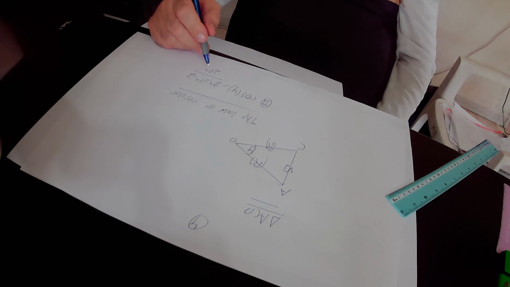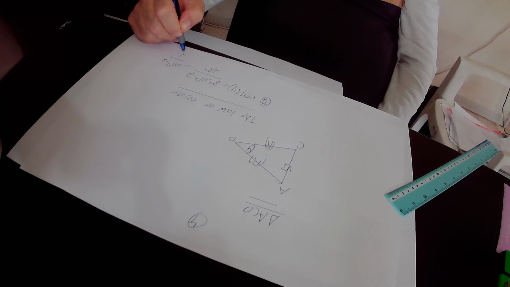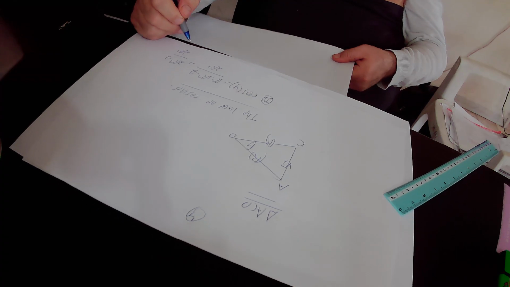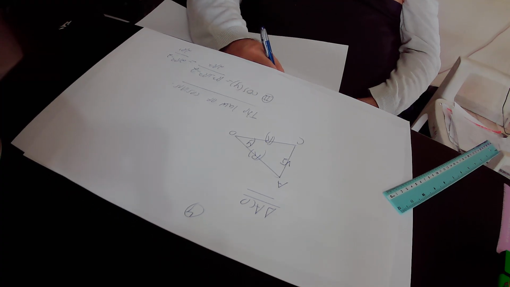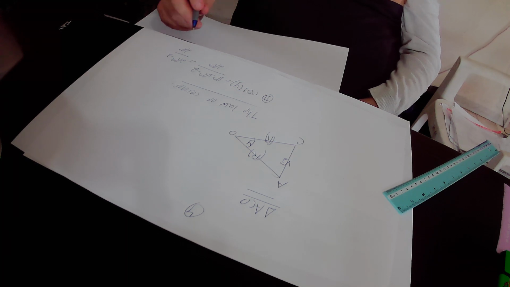Actually it is R squared plus R squared is 2R squared minus 2 over 2R squared. So according to equation 2, cosine Y equals 2R squared over 2R squared is 1, and we have minus 2 over 2R squared.